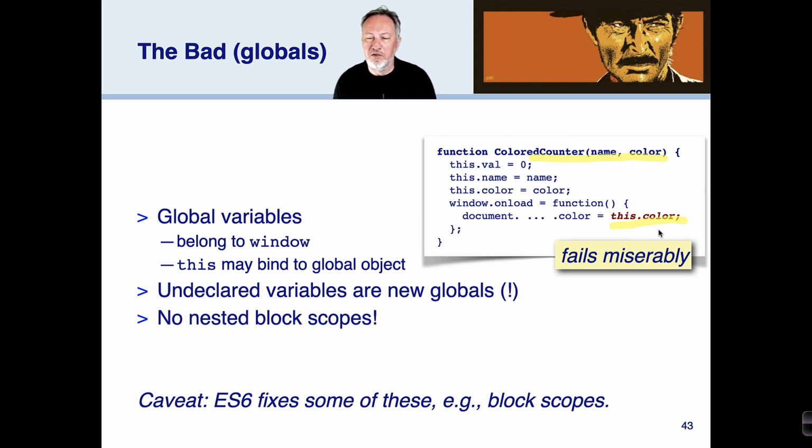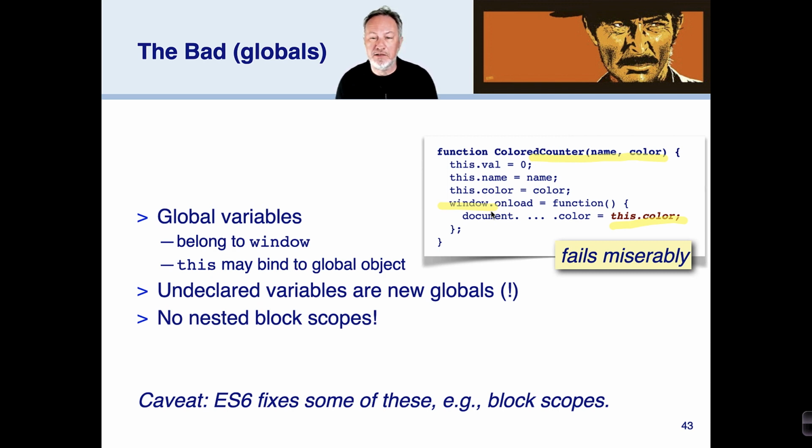This is not going to work well because this.color doesn't refer to the color of the new object that you're creating, it is going to refer to this of the window. And that's why we had to play the game earlier by assigning that, this to that, in order to get around the magical behavior of the this keyword.